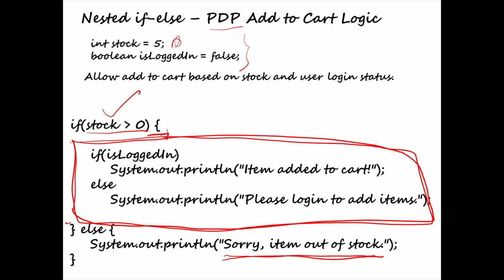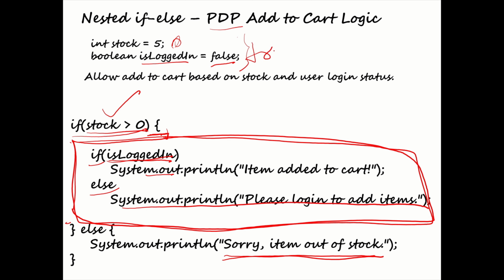It will enter inside. Now again, see, I'm writing if else inside the if block. This is called nested if else. So the JVM will come here and check if it is a logged in user. isLoggedIn is false, that means this condition is false. This statement will not be executed. It will come to the else block, and this statement will be executed.